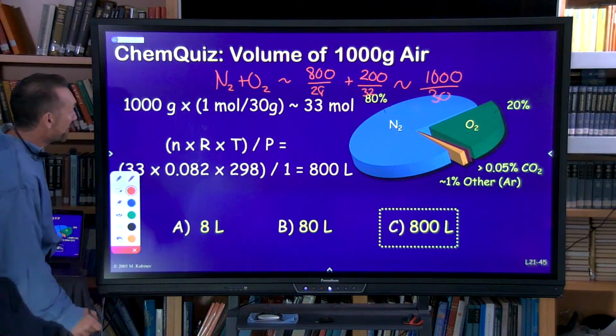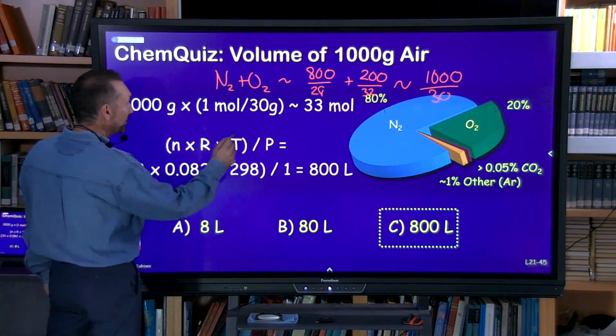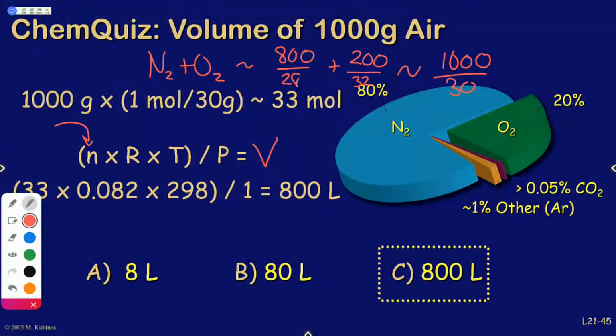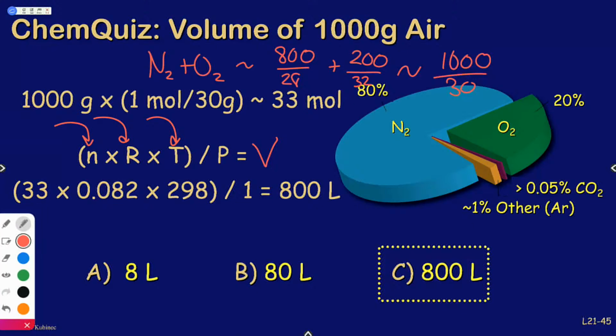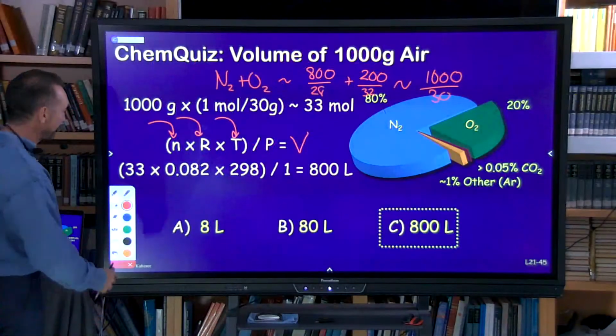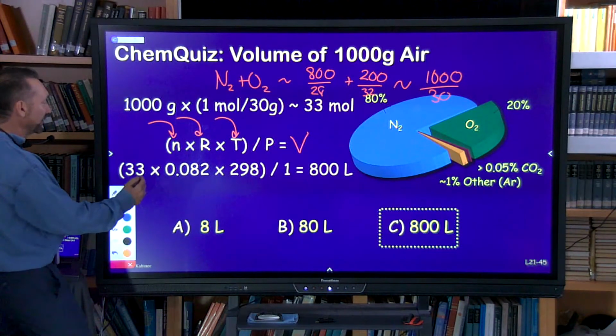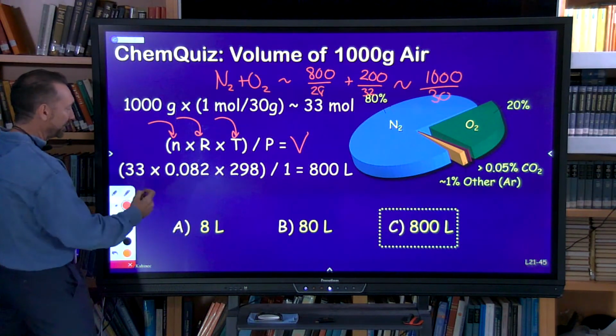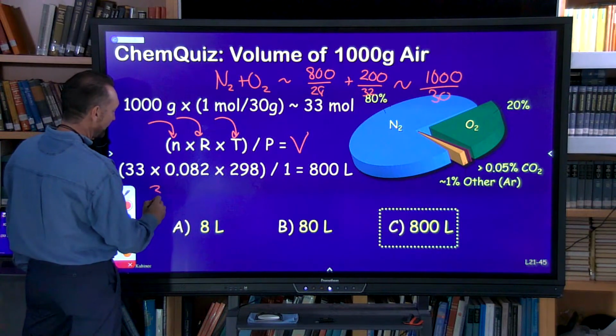And then once you're at 30 moles, you need to get to the volume. And you now know N, R, and T, because I told you it was 298 K. So put those in. 33 moles, 0.082 is R, 298, and 1 atmosphere. And I was just talking with Sophia here, how important it is, put your units in. I haven't done it here, but I'm going to do it to emphasize.